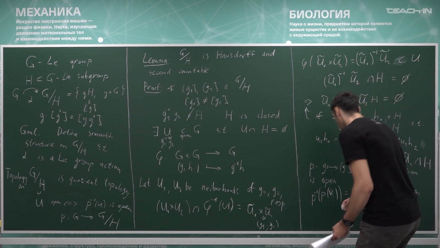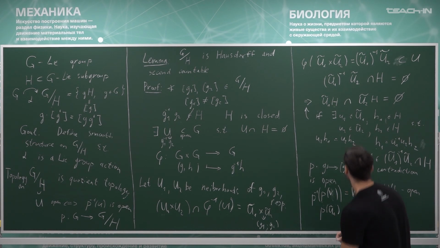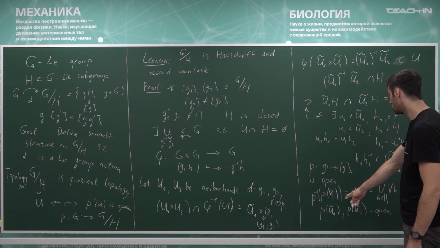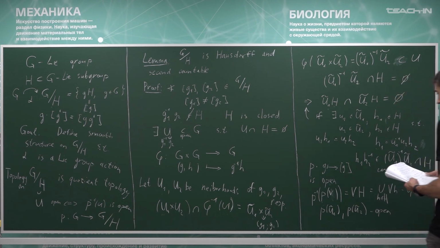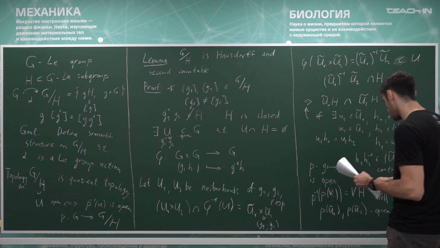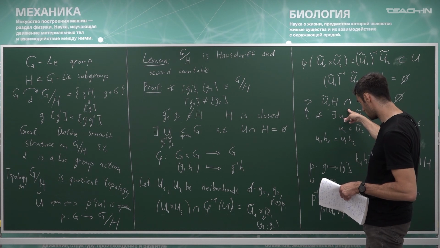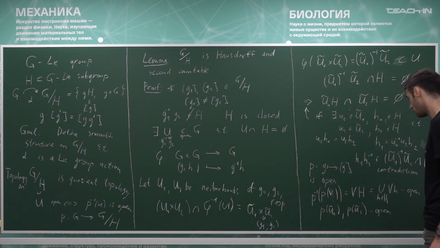Therefore I can take p of u1 tilde and p of u2 tilde. These are open because u1 tilde and u2 tilde are open, and moreover they do not intersect. Sorry, I should take u1 and u2, yes, they were in g1, g2.